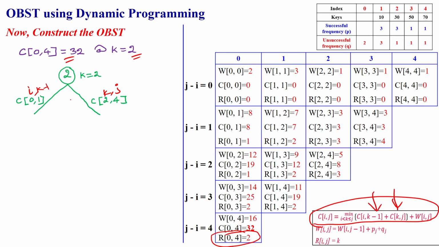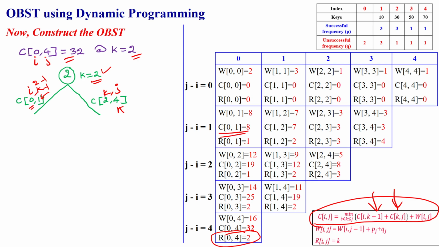When you are substituting the value k equal to 2, here i is 0, j is 4. So 0 comma k minus 1, 2 minus 1, that is the term we got. Like that, here k is 2, then j value is 4, right? So that's the value we got. Then c of 0 comma 1, where is the c of 0 comma 1?